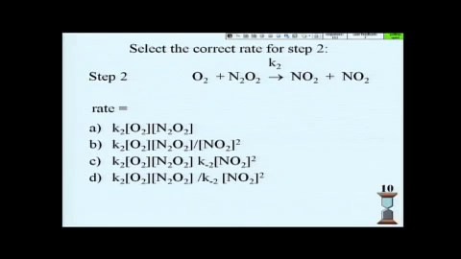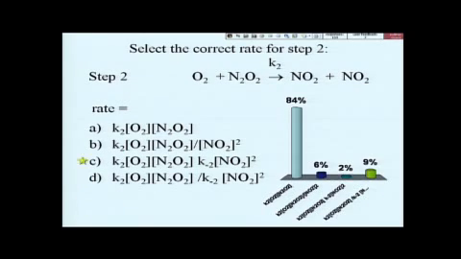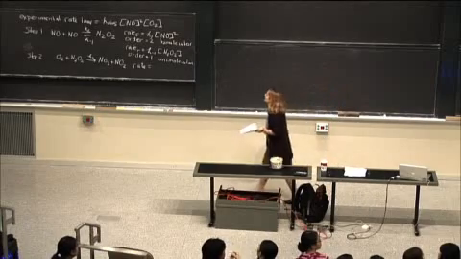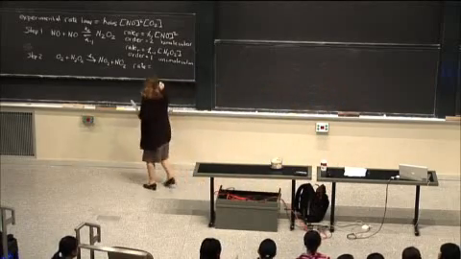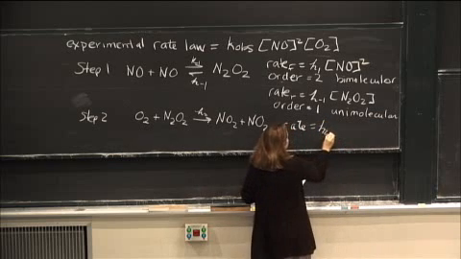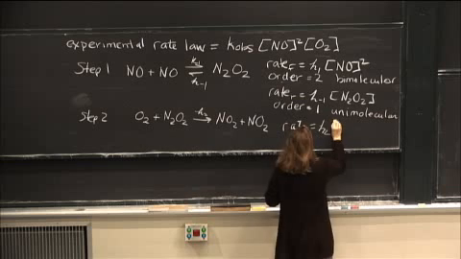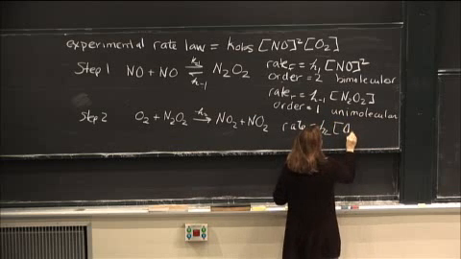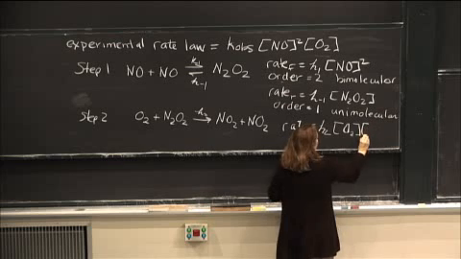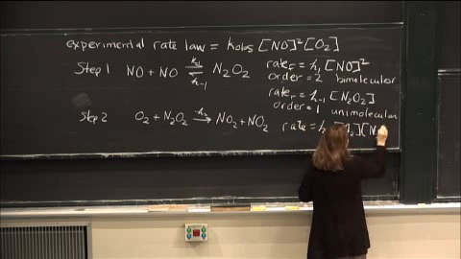Okay, just 10 more seconds. So we write it exactly as written. So we have the K2 times the concentration of O2 times the concentration of N2O2.